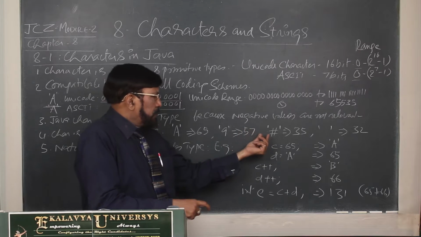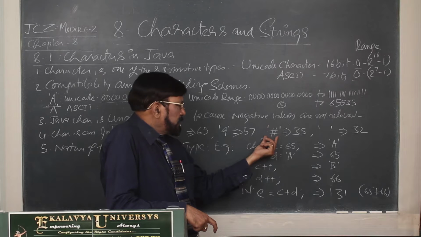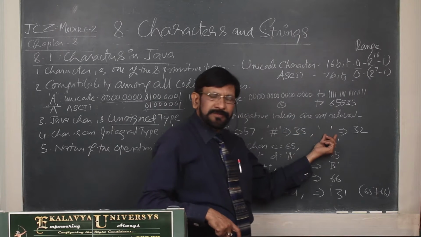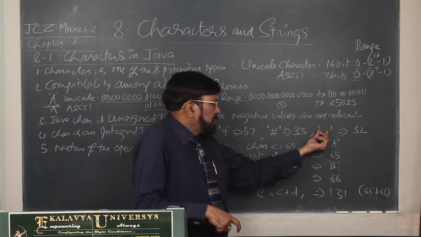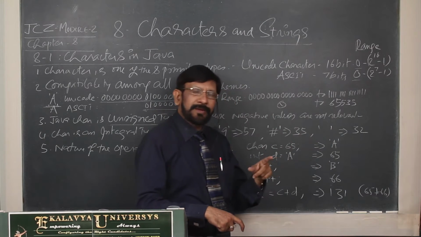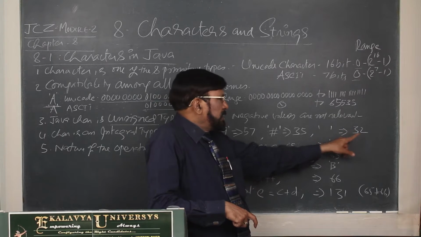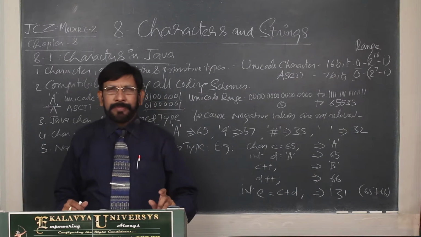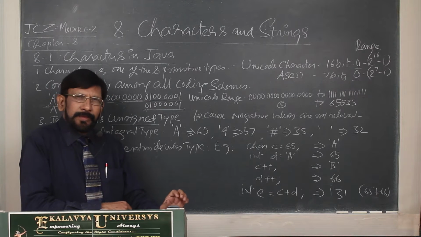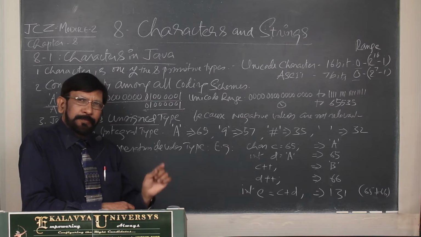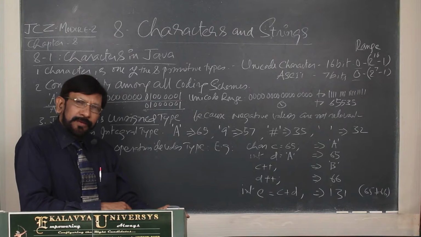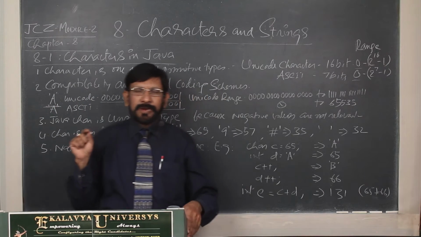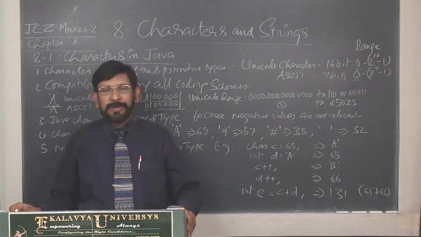In the same manner, hash, its equivalent integer value is 35. Here, what is that? Blank space. It is also a character, blank character. Its equivalent integer value is 32. By this, what you have to understand, in Java, every visible character represents an integer value. That's why character type is treated as one of the integral types of Java.